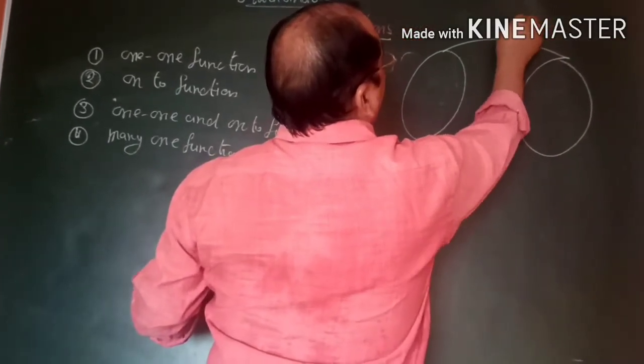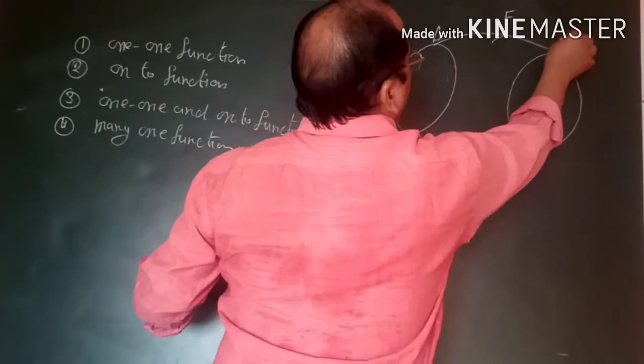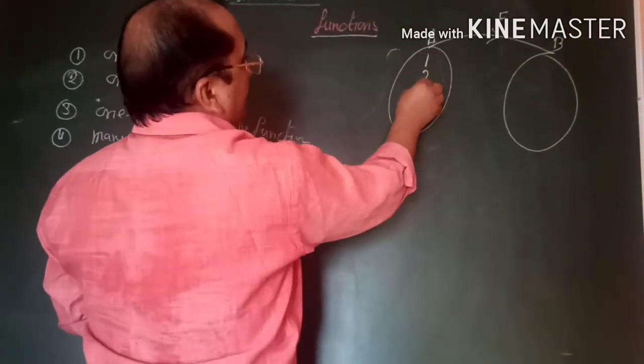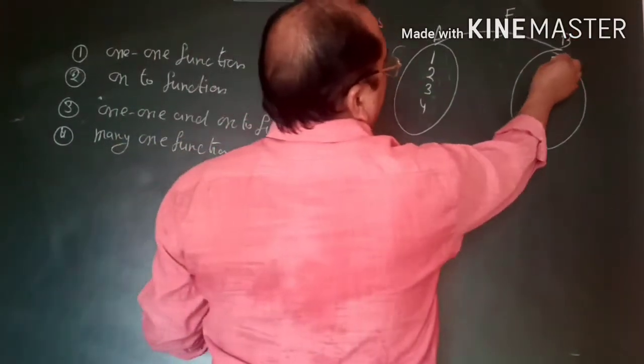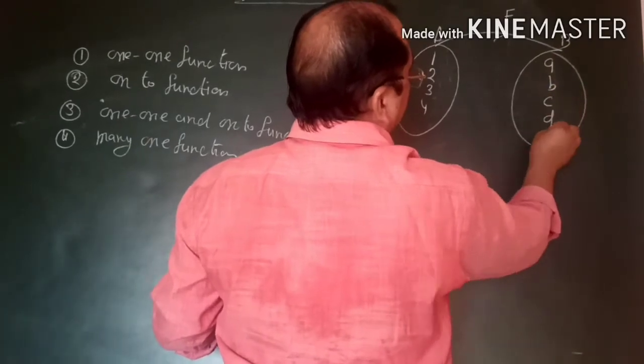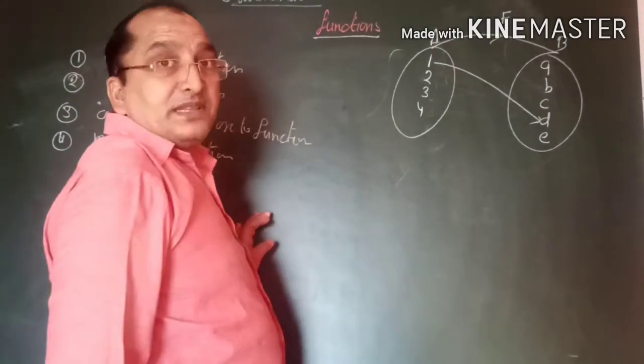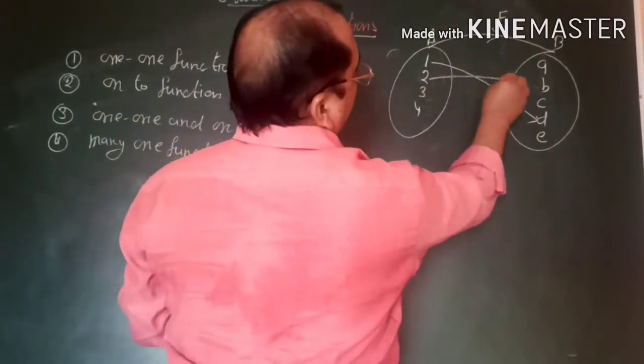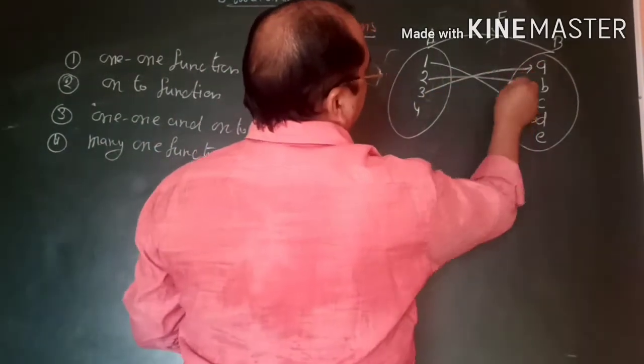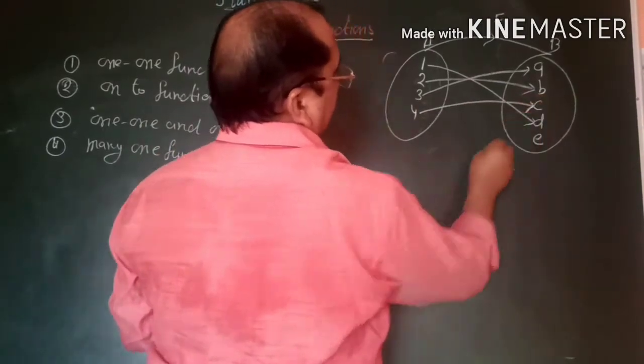This is function f from A to B. 1, 2, 3, 4. A, B, C, D, E. No problem. 1 has its image at B, 2 at B, 3 at A, 4 at this one.